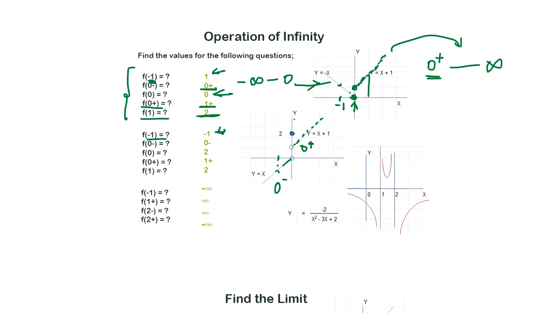0 negative means here. Then it's going to be 0 negative. 0 is 2, a definite value here. Okay? 0 plus is 1 plus, and 1 is the definite value 2.